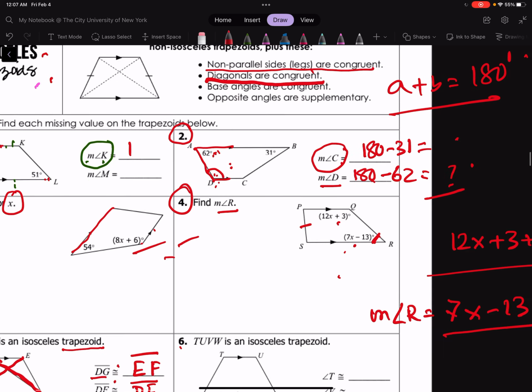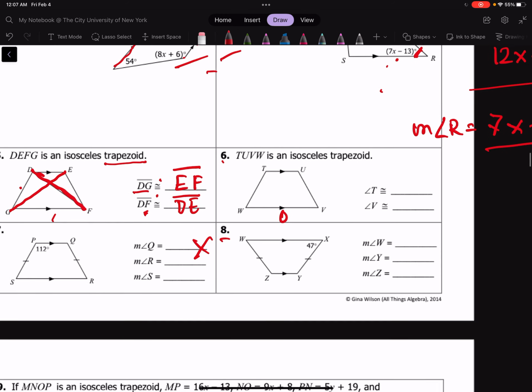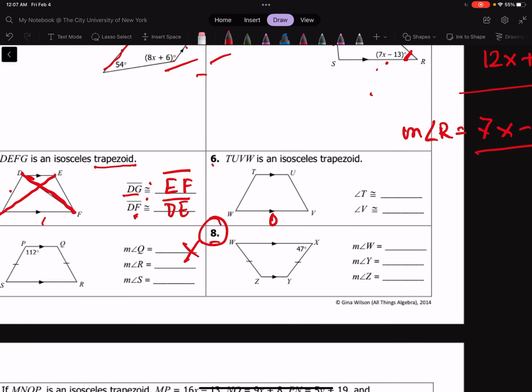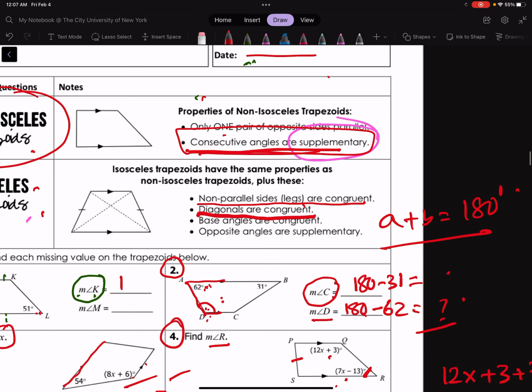Then I would like to give you practice on number 8, because that's finding the missing angles. If you look, the non-parallel sides are congruent, so that's an isosceles trapezoid, and we can use any of these properties. It's still on page 19.